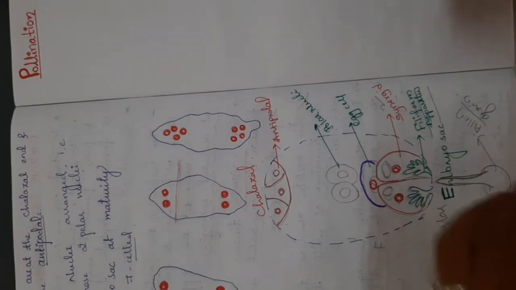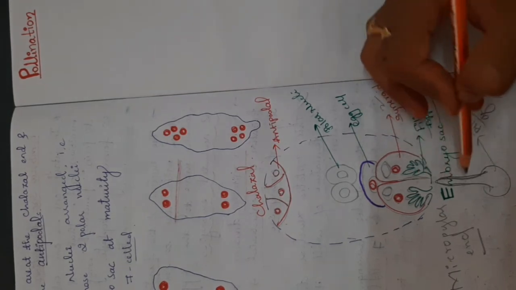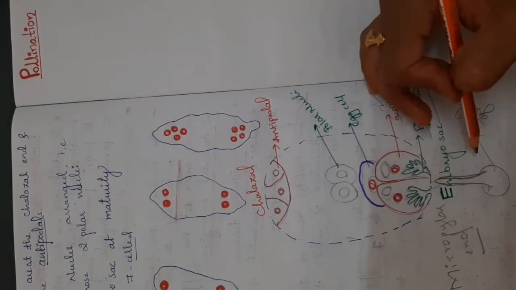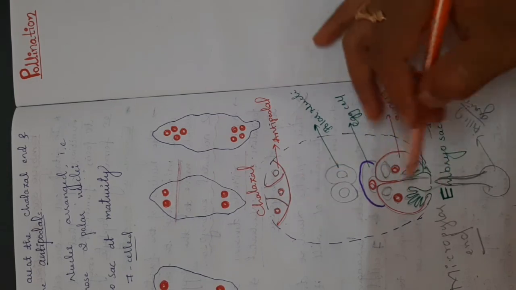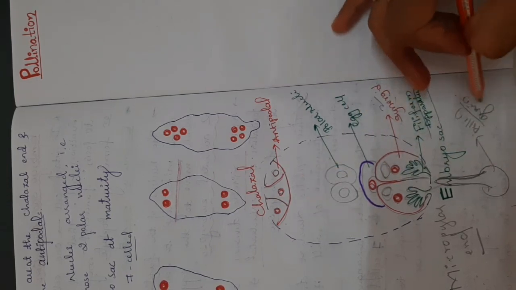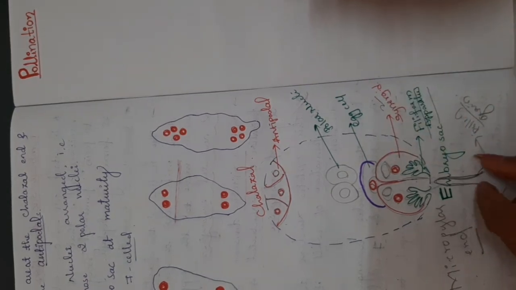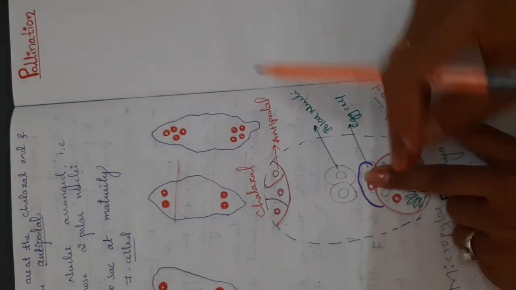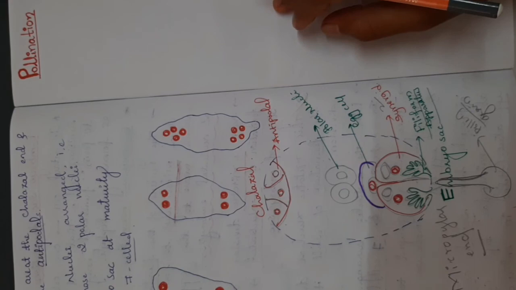That pollen tube has to enter inside the embryo sac. For that entry, the filiform apparatus cells help. After entry into the embryo sac, the pollen tube releases its male gamete and transfers the male gamete to the egg cell.